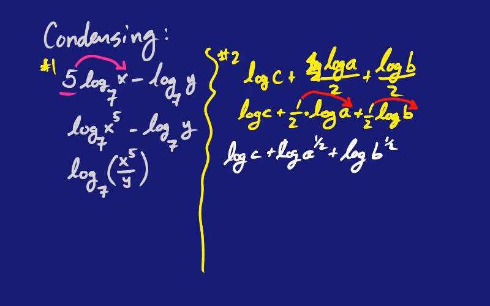After simplifying a handful of things, making the a to the 1/2 a square root, we should end with one logarithm: the log of c times the square root of a times b. And that would be what you have. So c times the square root of a times b. All right, have a great day.